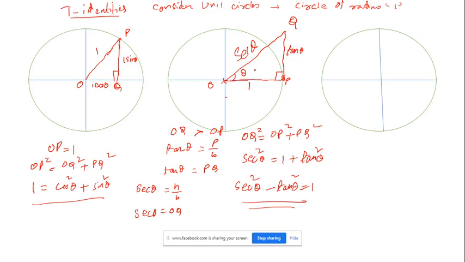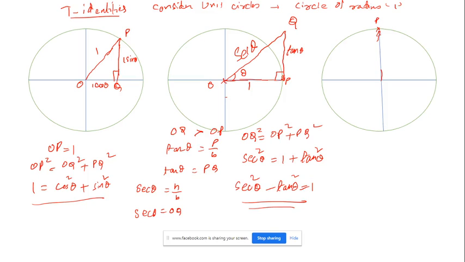Now we go for the third one, the third circle. Here, unlike in the previous case, where I considered the horizontal one as unit 1, radius 1, now I go for the vertical one. Let me take a point P over here. Let me join it from the origin.